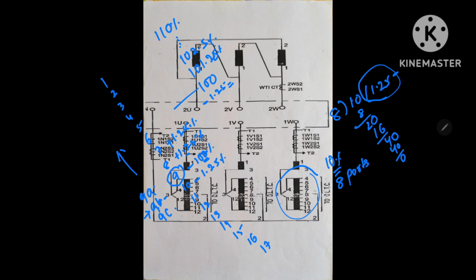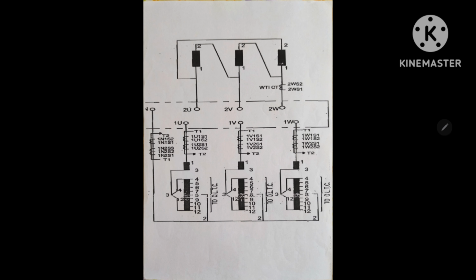So it will be 98.75%. Next will be 97.5%. Like that, finally it will come to 90%. So this is actually the principle utilized in the OLTC.